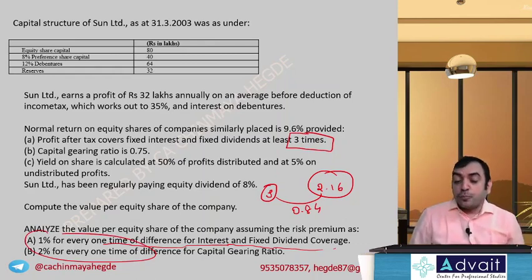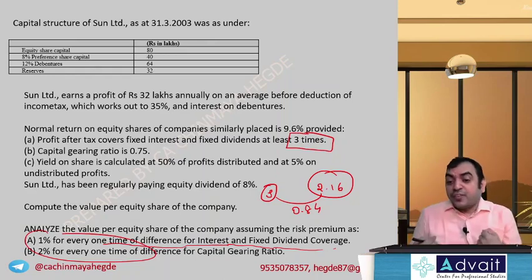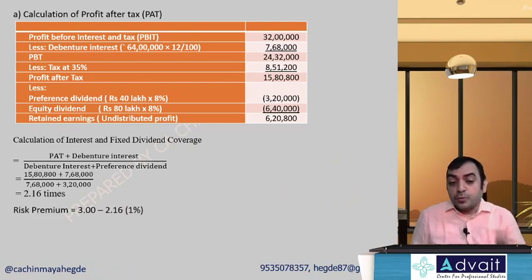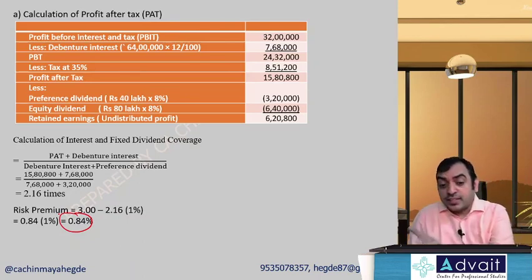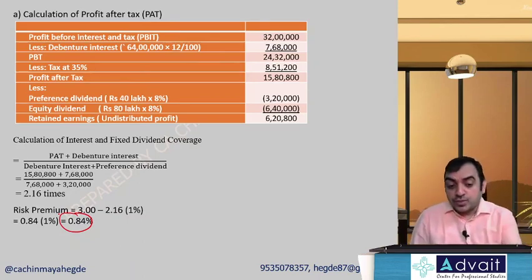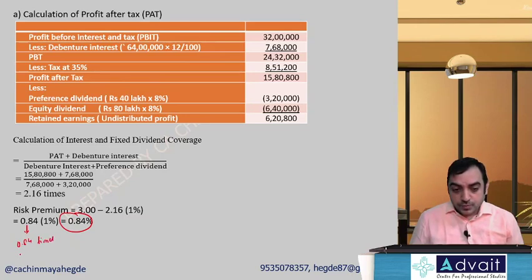We are at a difference of 0.84 times. So for one time, 1%; for 0.84 times, 0.84%. So the risk premium to be considered is 0.84%.